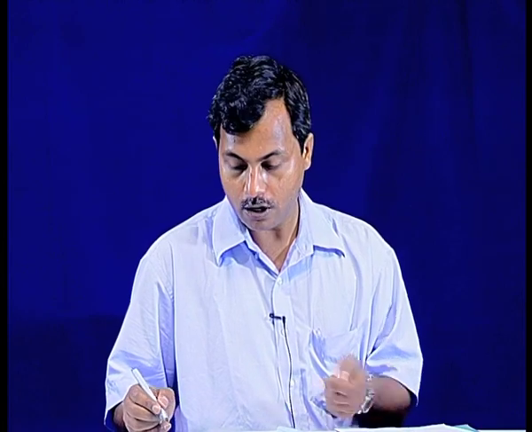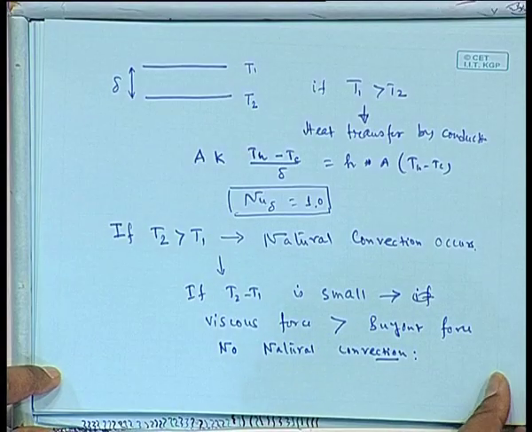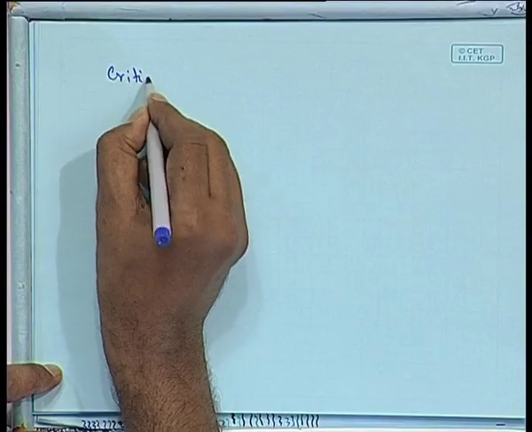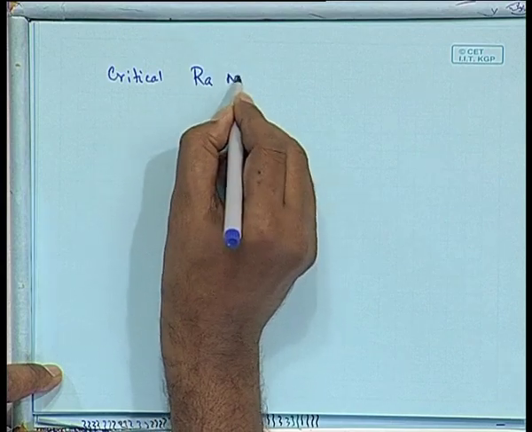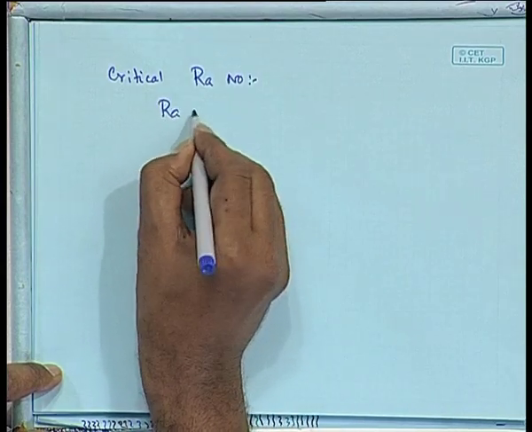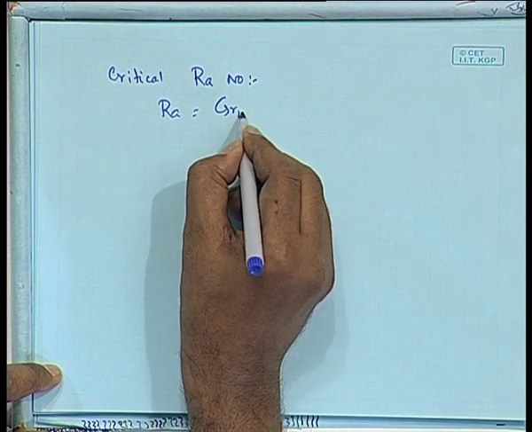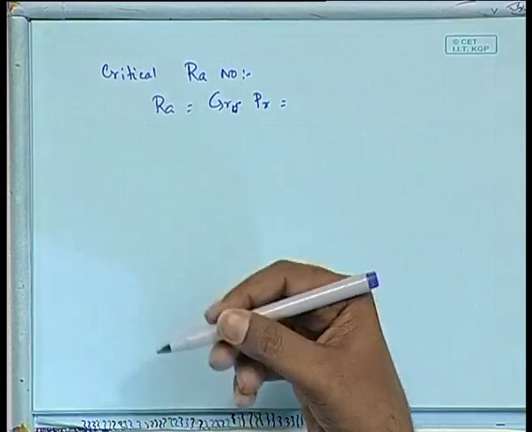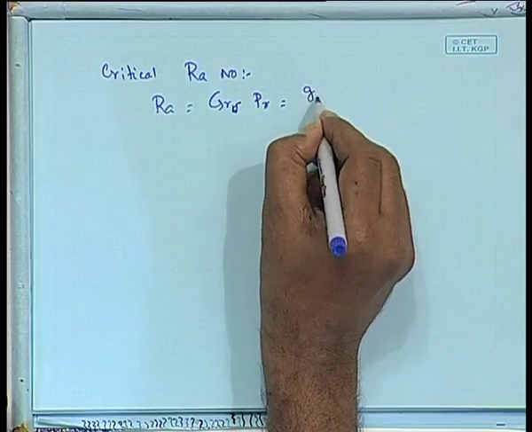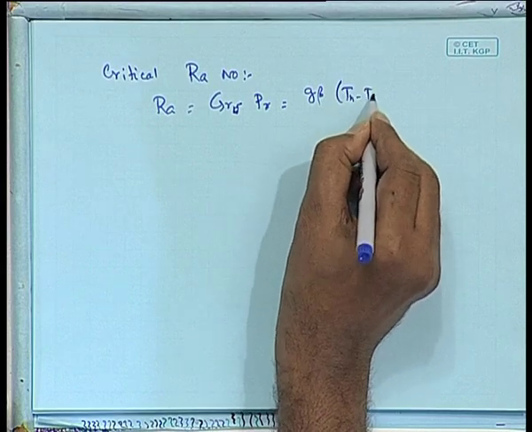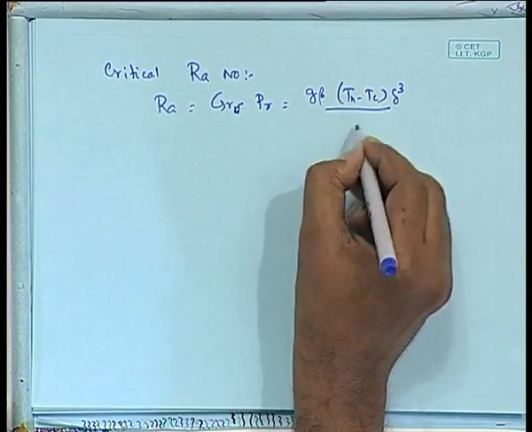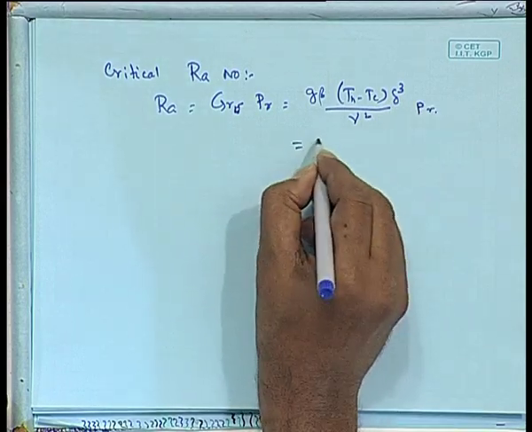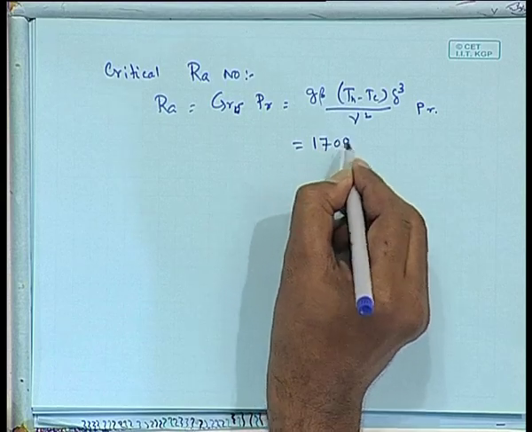This critical Rayleigh number is the Grashof number based on delta, the spacing between the two plates, g beta (T hot minus T cold) delta cube divided by nu square, times Prandtl, and this critical value is 1708.